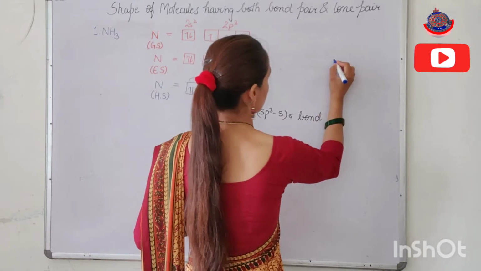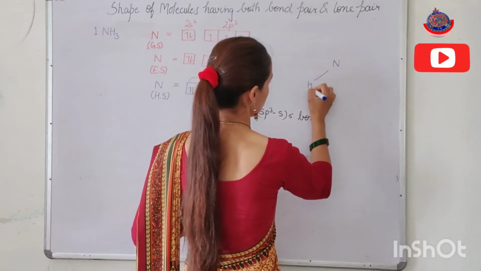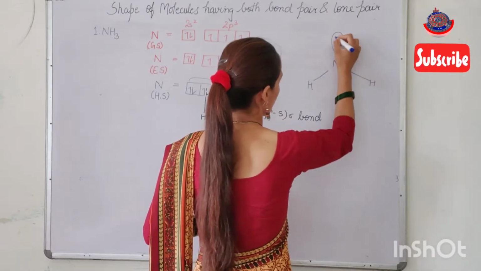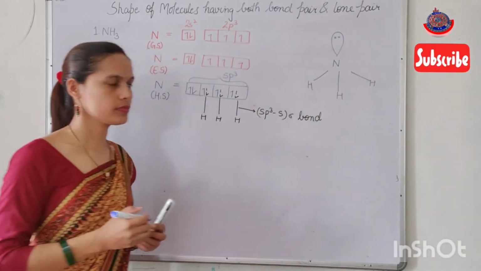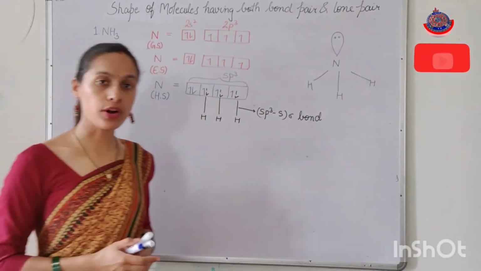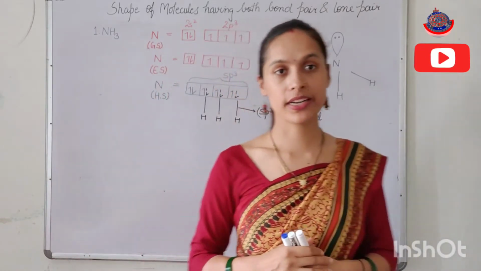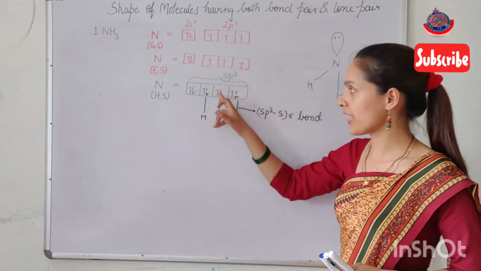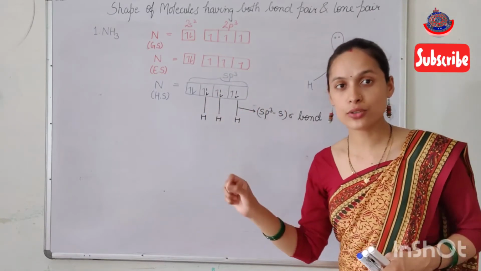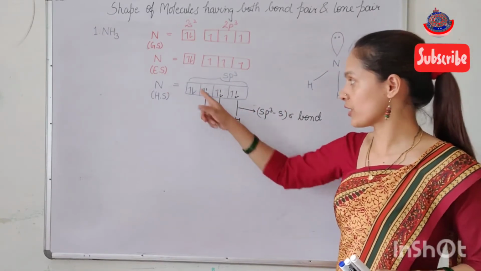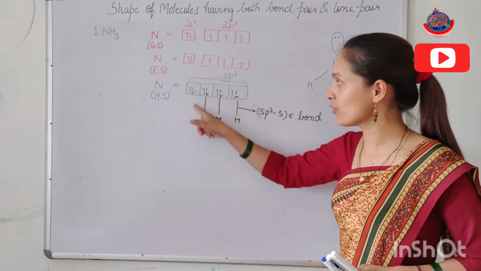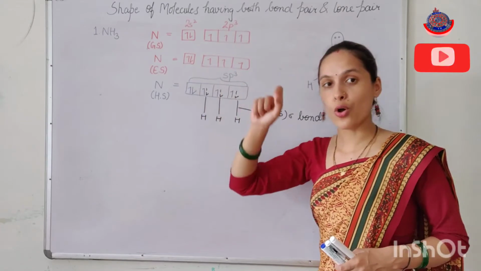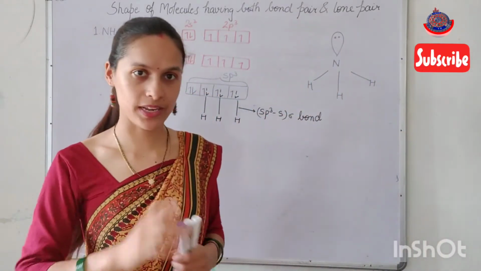So the shape is like this: hydrogens with a lone pair, and its bond angle is less than 109.5 degrees. With the help of this hybridization concept, we get to know that the nitrogen is surrounded by three bond pairs and one lone pair. S is always required in hybridization.